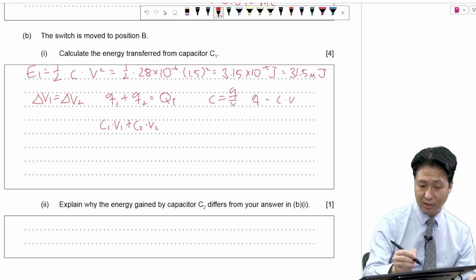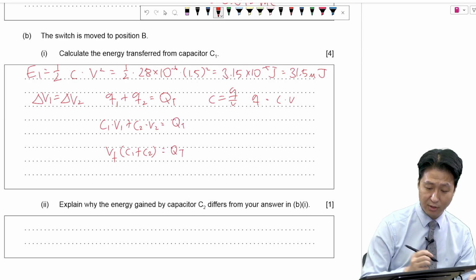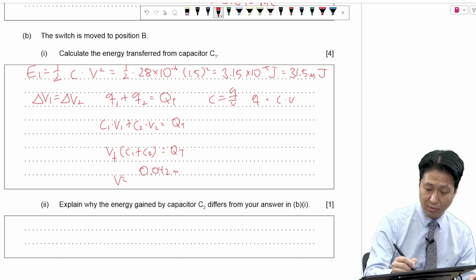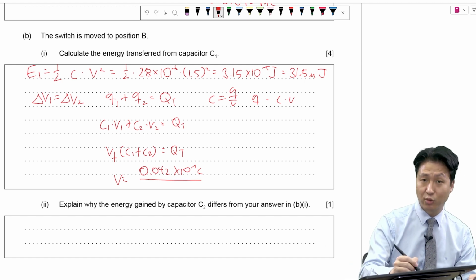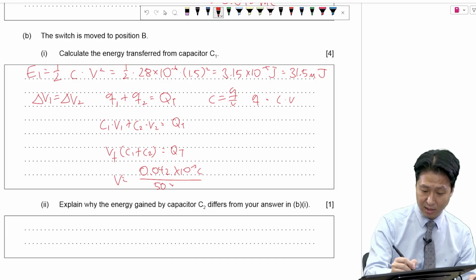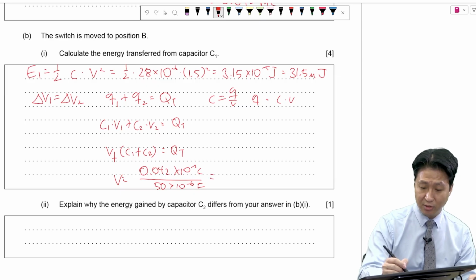Now, the voltages are the same, so the final voltage times C1 plus C2 is equal to the final charge, which is 4.2 times 10 to the negative 5 coulombs, divided by the sum of the capacitances, which is 22 plus 28 microfarads, so it's 50 times 10 to the negative 6 farads. This would simply be about 0.84 volts.